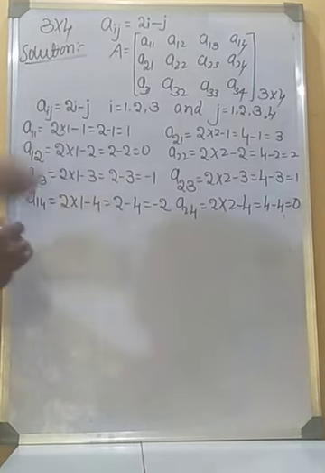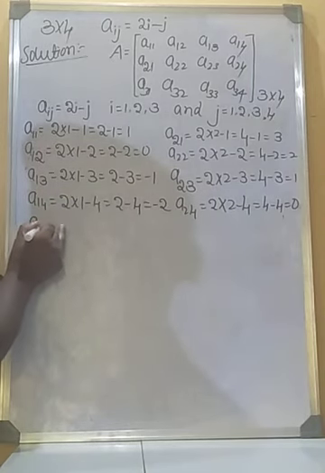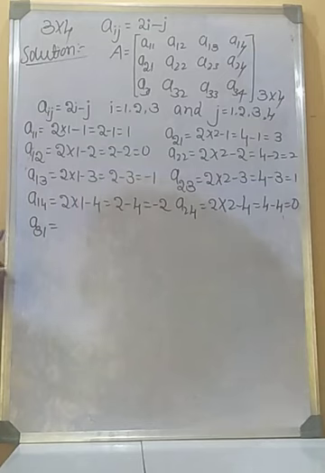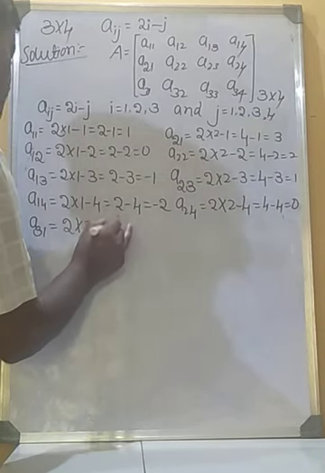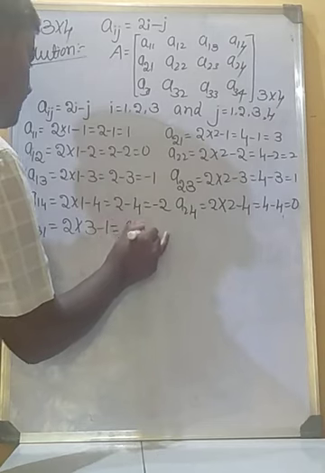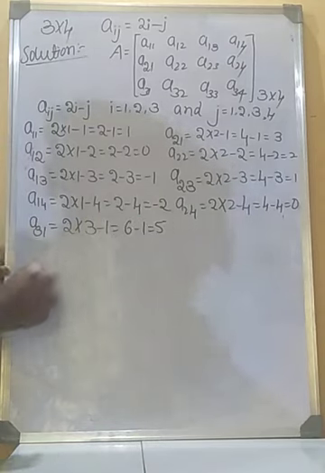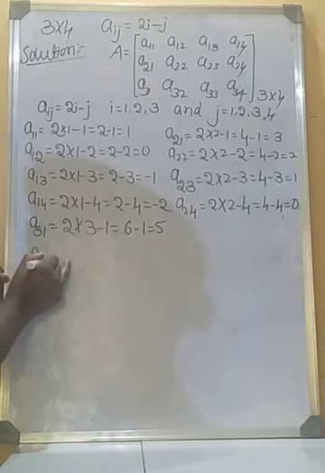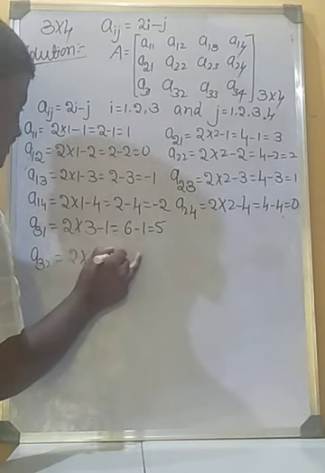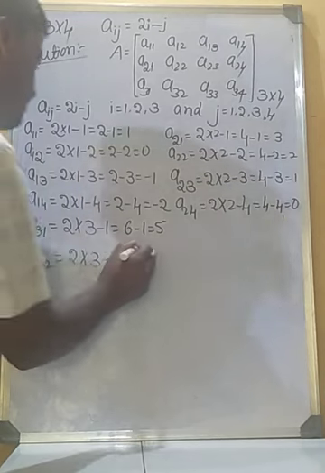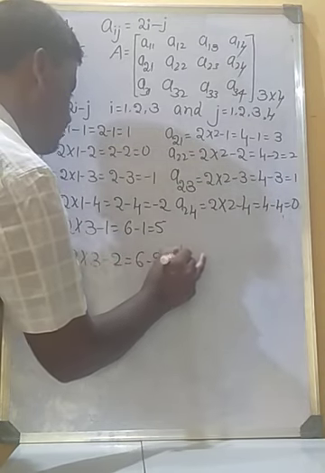The next, find A31. A31 is equal to 2 into 3 minus 1 is equal to 6 minus 1 is equal to 5. A32 is equal to 2 into 3 minus 2, 6 minus 2 is equal to 4.